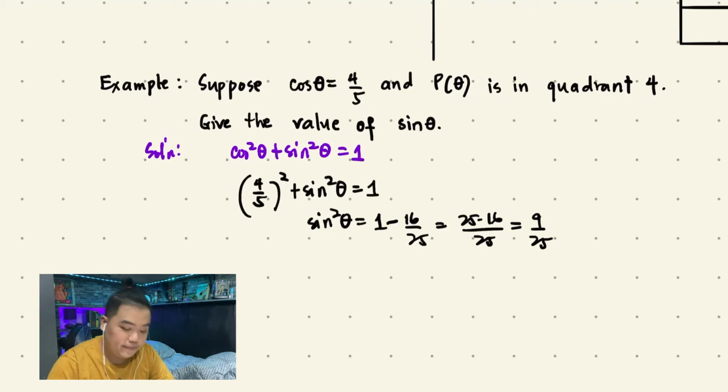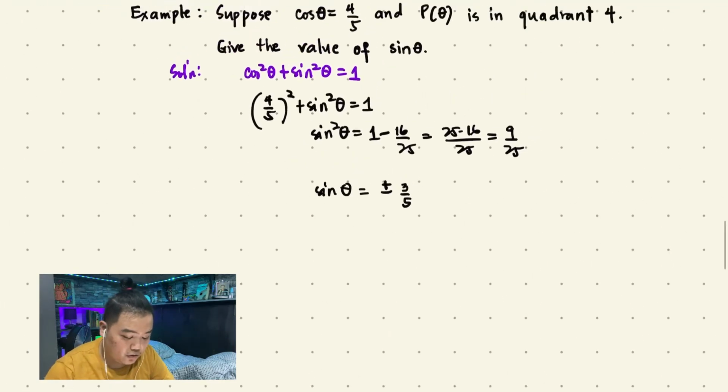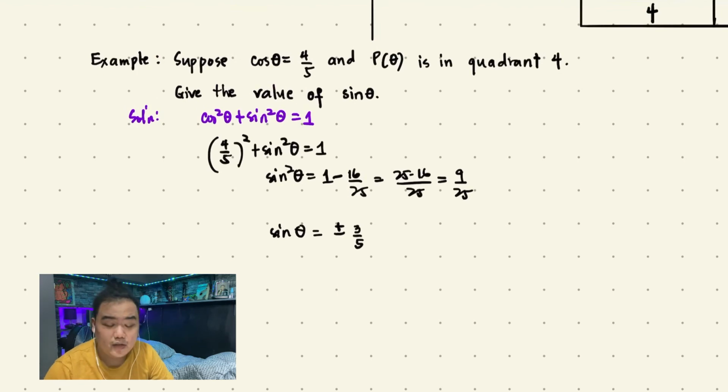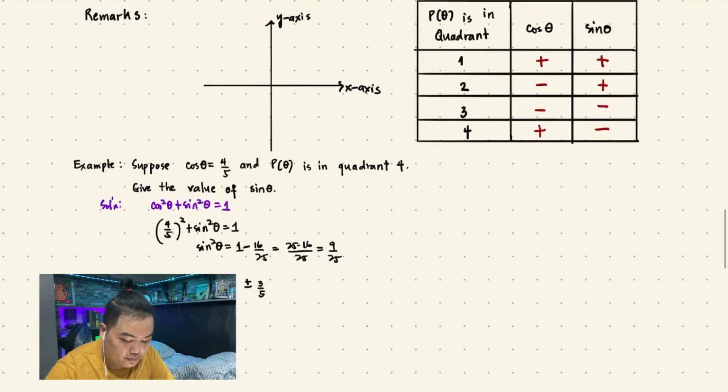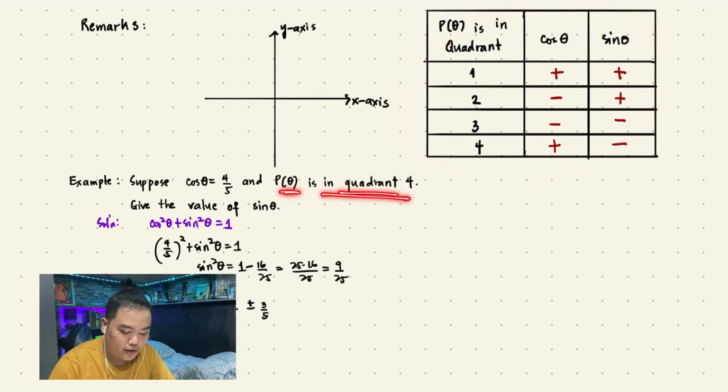And then yung next step, diba, mag-i-square root ka on both sides. Pag nag-square root ka on both sides, may plus minus yon. So you get plus minus 3/5. So ang tanong, positive or negative? So dito papasok yung observation natin. Sabi natin, your theta is in quadrant 4. Andito siya.